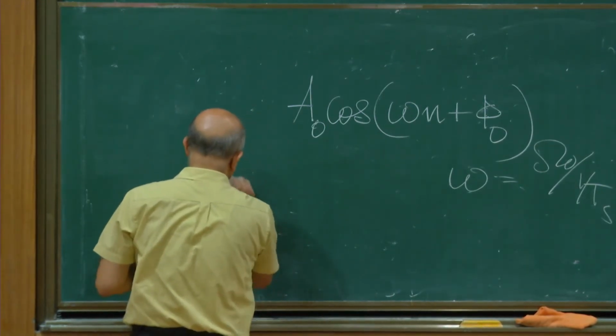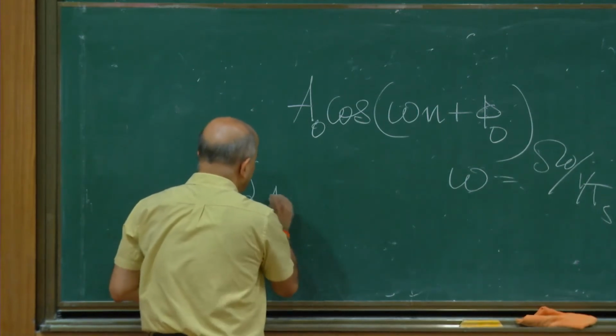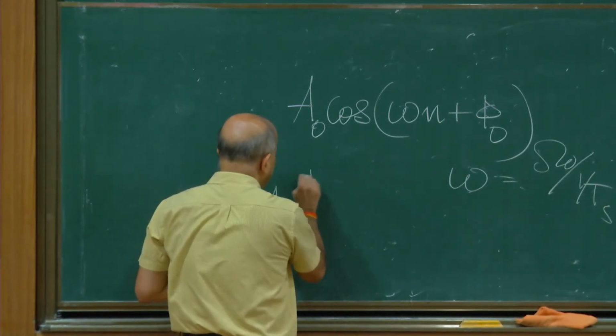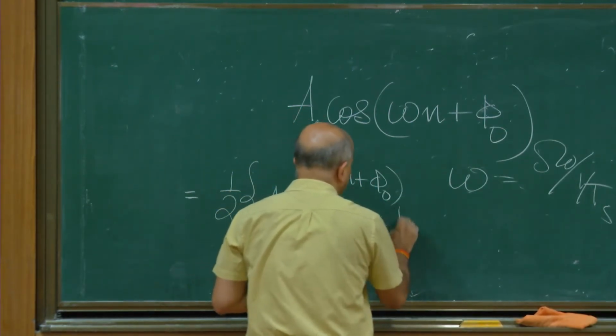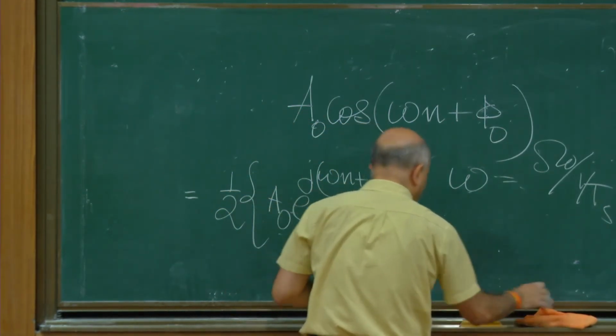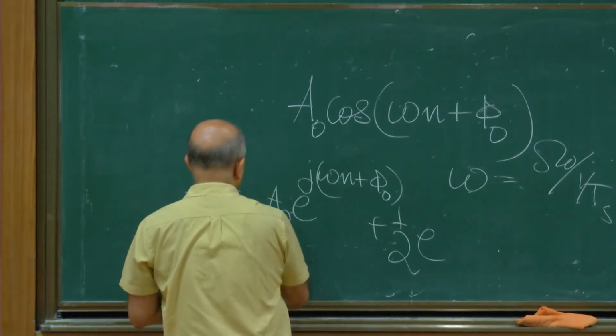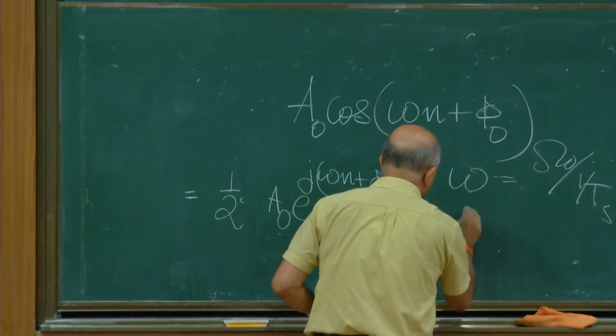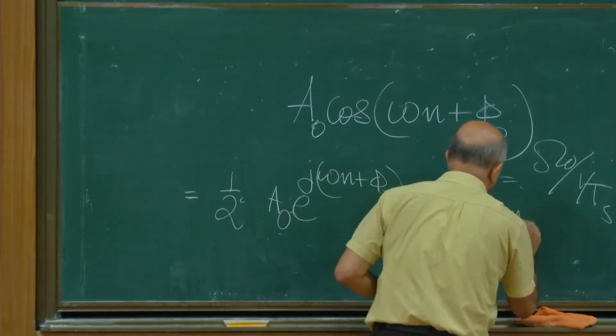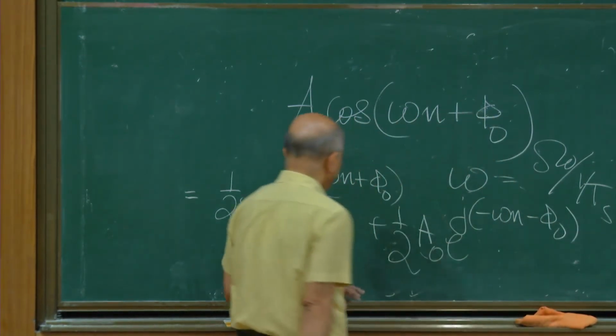So we could write it as half A naught e raised to the power j (omega n plus phi naught) plus half A naught e raised to the power j (minus omega n minus phi naught). Is that right?